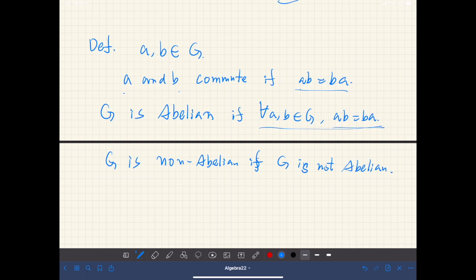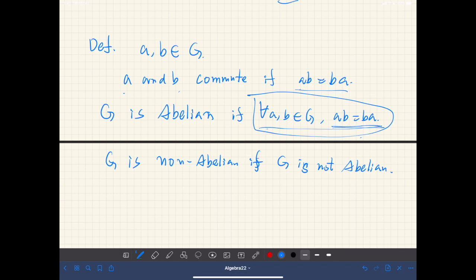Not abelian does not mean that for all pairs of elements, they do not commute. The negation of this statement is not that. The negation of this statement is that there exists some pair for which the commutativity does not hold.